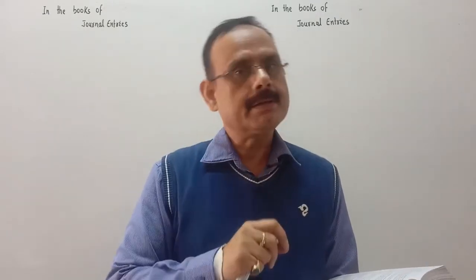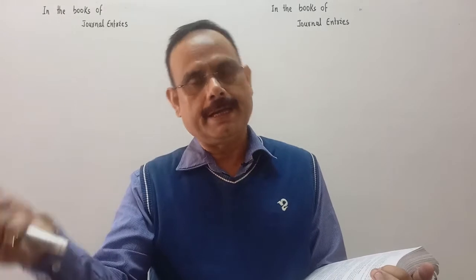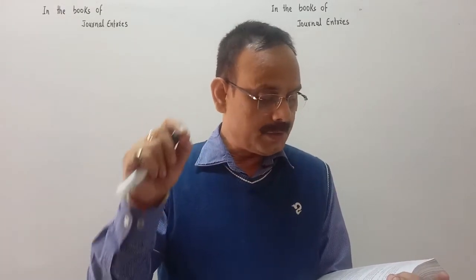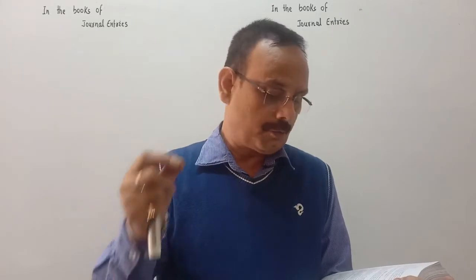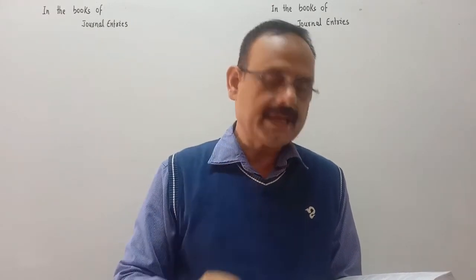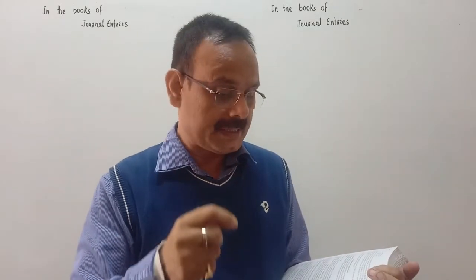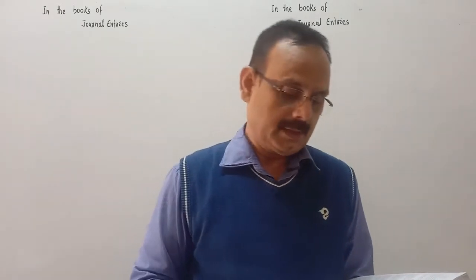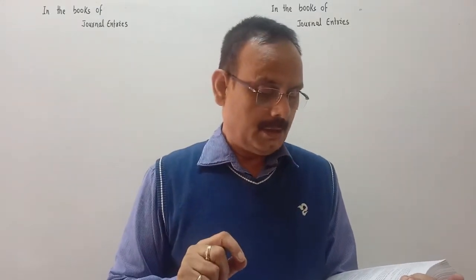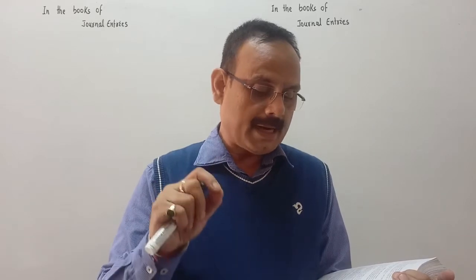B accepts it and returns it to A, who discounts this bill on 4th February 2017 with his bank at the rate of 18% per annum. The acceptance is dishonored on the due date. Noting charges paid by the bank being rupees 200 as the bill is dishonored.